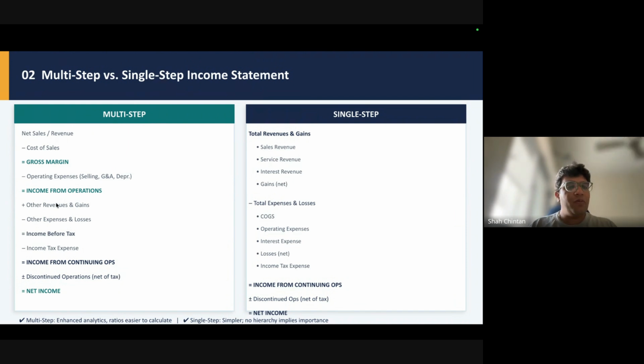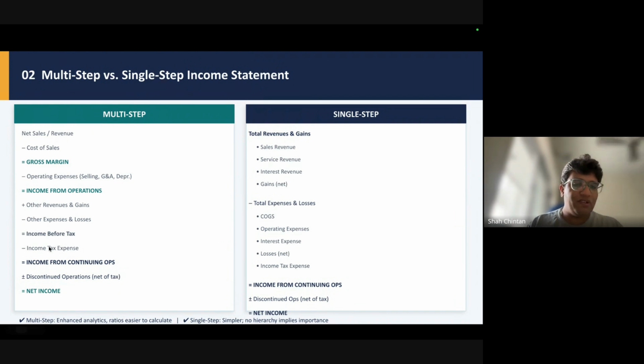From this income from operation, you add income which is not from the operation, and subtract expenses which are not from the operation. So, for example, you earn a rental income, not part of your business, but you just earn it for this year. You earn interest and dividend income, not part of your day-to-day operation, but you earn it. So, all non-operating incomes are getting added and non-operating expenses are getting subtracted. So, income from operation plus other revenue minus other expense gives you income before taxes.